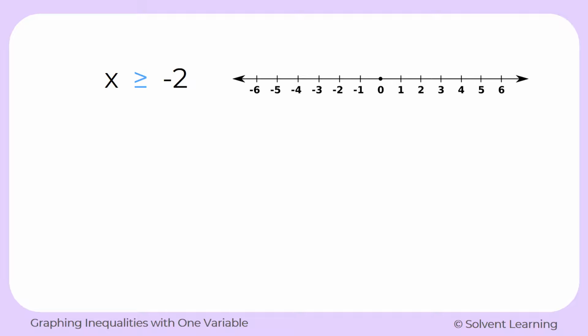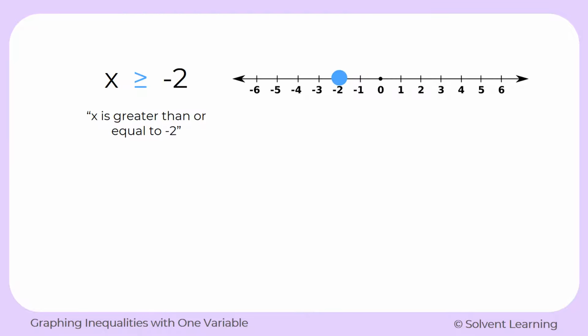Now this time we have x is greater than or equal to -2. So this time x can be -2. To show that, we're going to plot a closed circle at -2. When we have a closed circle, meaning that we color it in, we shade it in, that shows that that number is one of our solutions for x.